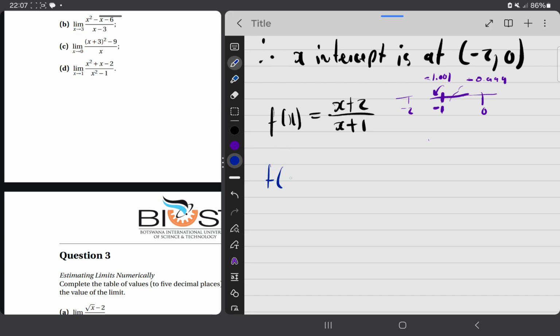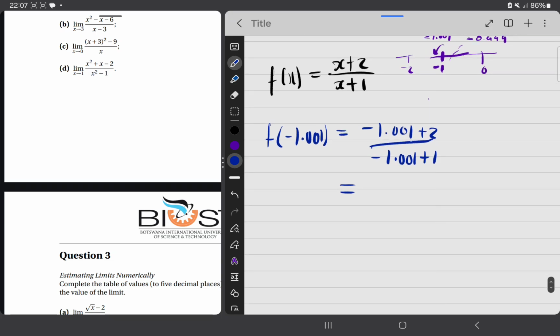So I'm going to say f of negative 1.001 is going to be negative 1.001 plus 2 all over negative 1.001 plus 1. And what I'm caring about is the sign. So here, what is 2 minus 1.001? The answer is going to be positive.